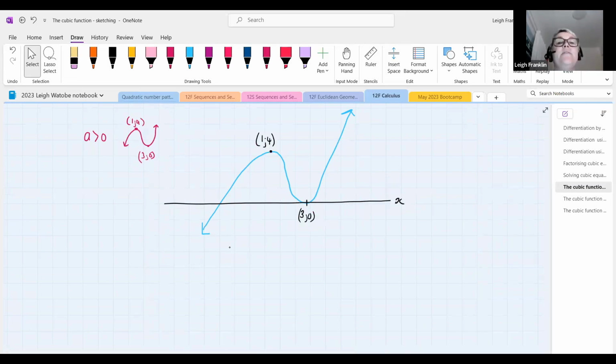Now I see that there are a number of hands up. What's wrong, guys? Khomotso's hand is still up. Jane, your hand is up.